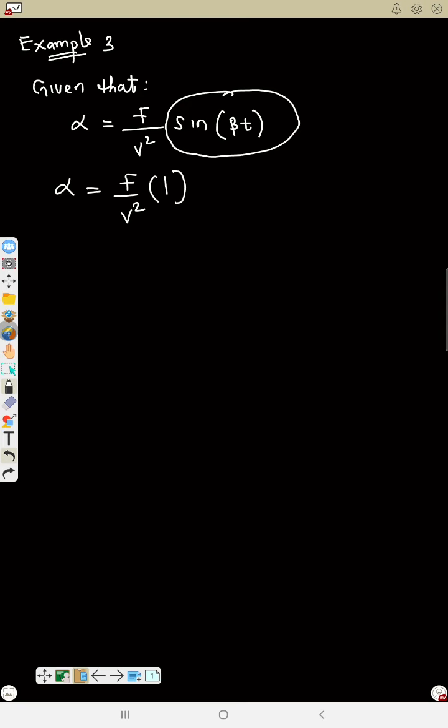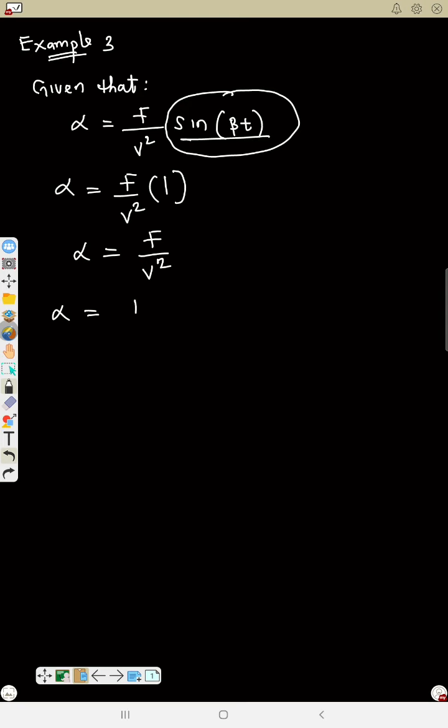We've shown that sine theta is dimensionless from the right angle triangle. So sine is 1 now. Alpha is equal to f over v square, where f is force and v is velocity.